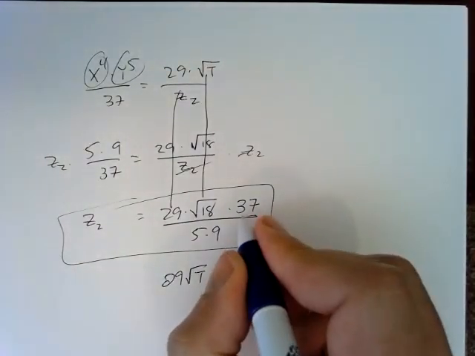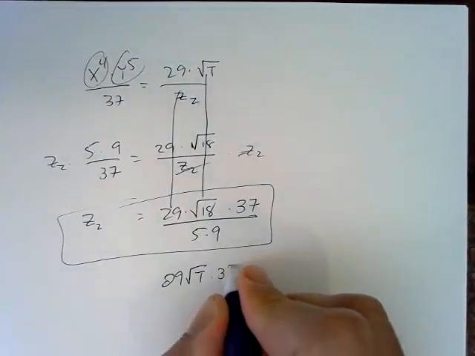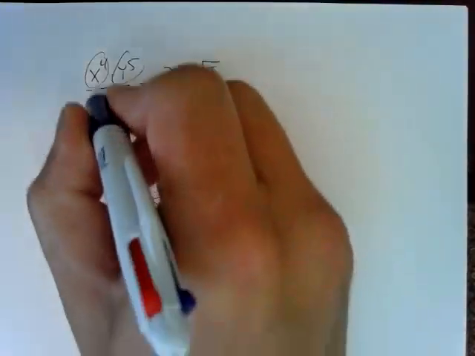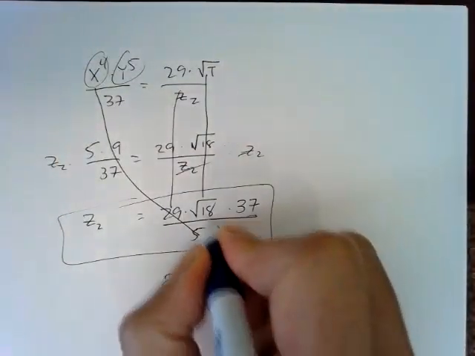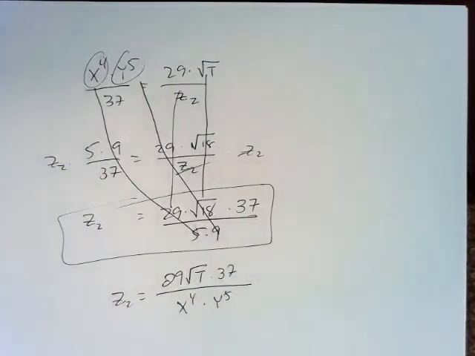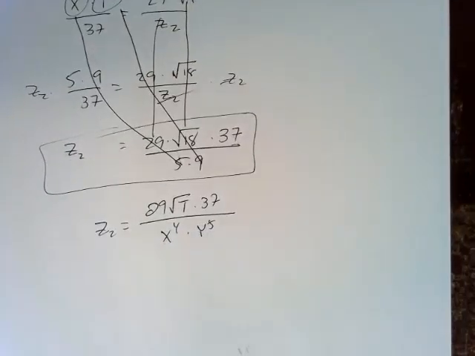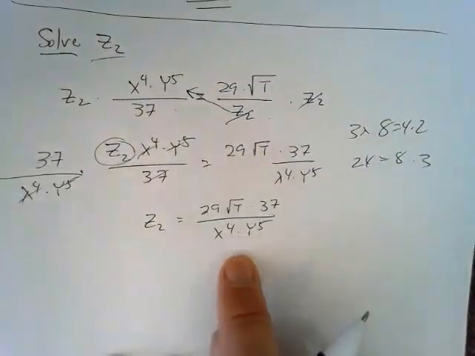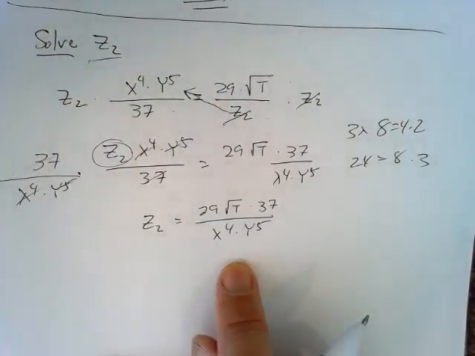And then the 37 was, in fact, the 37 in the denominator. 5 represented x to the fourth. 9 represented y to the fifth. So now in terms of the symbols that we were originally given, we'd be back to Z2 is equal to 29 times the square root of t times 37 over x to the fourth, y to the fifth, which is exactly what we got when we did the symbolic manipulation.